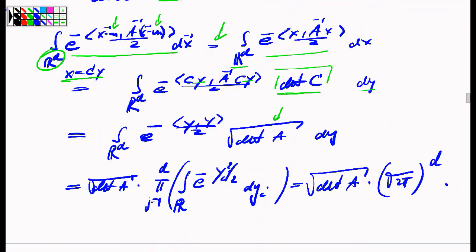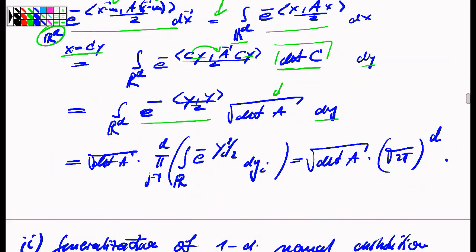And by the fact that C times C, so C squared, is the same as A, if I put the C over here and use the fact that A and C commute, I find that this ends up in the identity in the interior of this bracket. So therefore the integral that I have to compute in the end is e to the minus the inner product of y with y over 2, integrated over the whole Euclidean space.